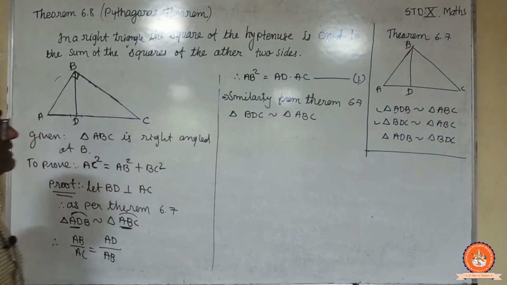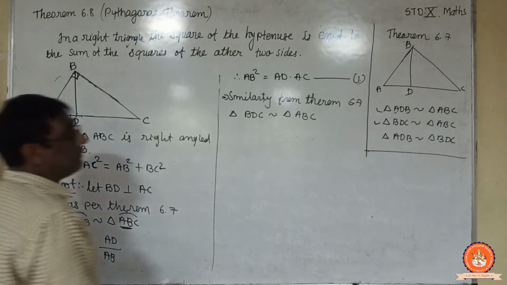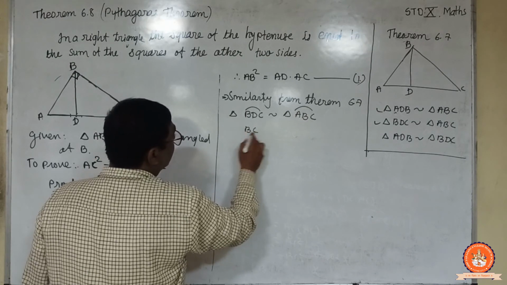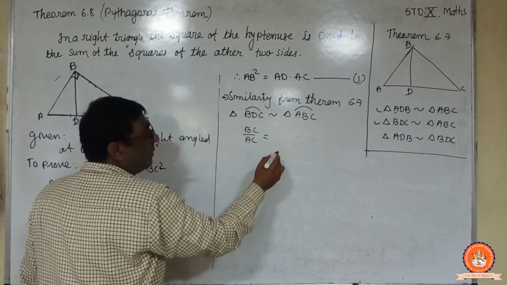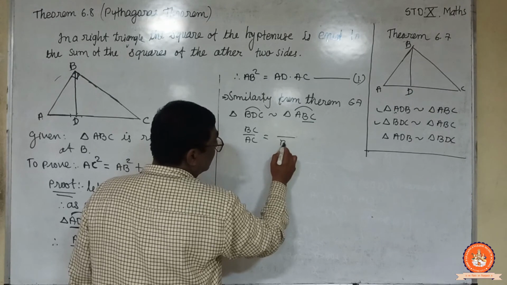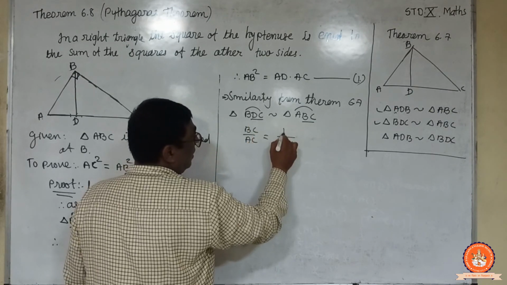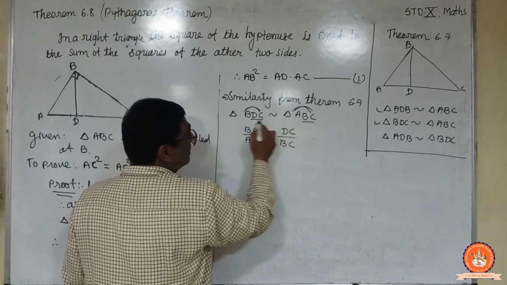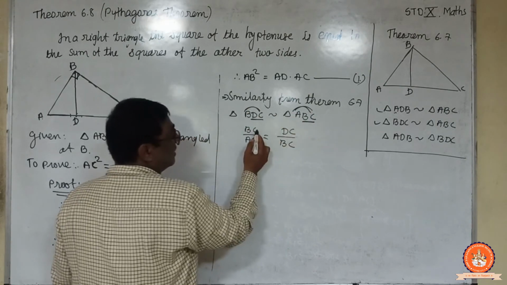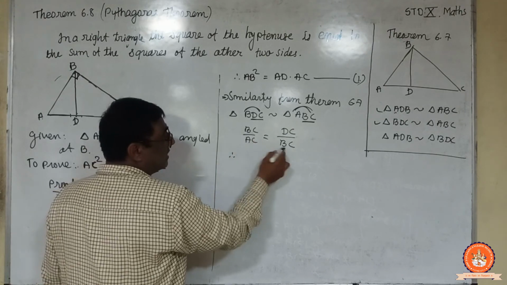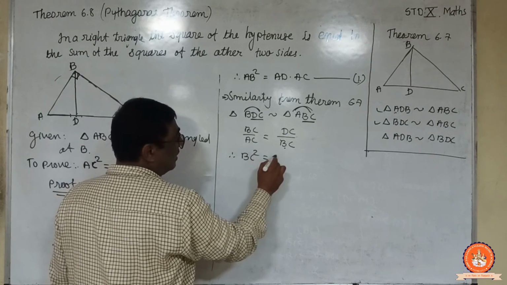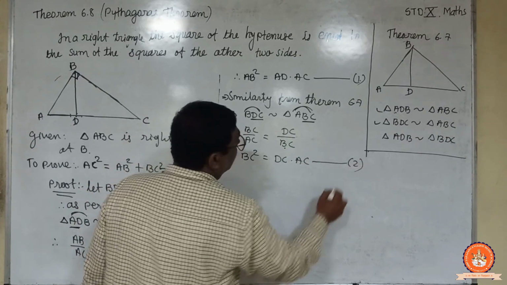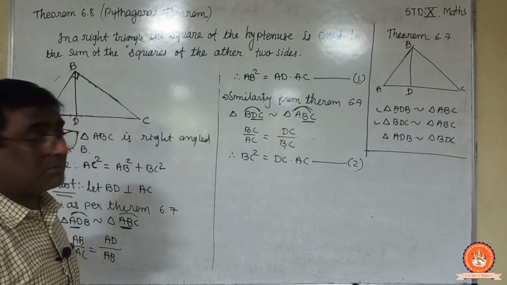Now we want BC. So look at it, BC upon AC. Okay. और यहाँ पे BC. So DC upon BC. So BC upon AC is equal to DC upon BC. Okay, so we can write BC into BC, BC square is equal to DC into AC. This is result number 2 or equation number 2.